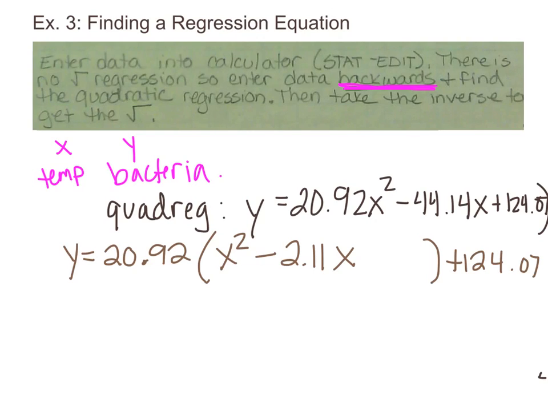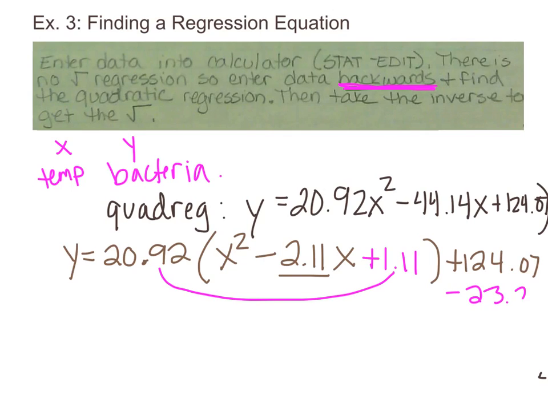Now to complete the square, remember we take this middle term, half it, and square that. So you're going to have to actually use your calculator to do that. But we should get 1.11. And then remember you've got to multiply 1.11 by 20.92 and subtract it.